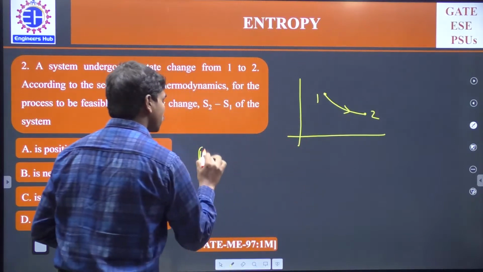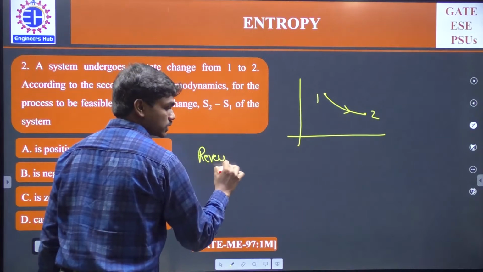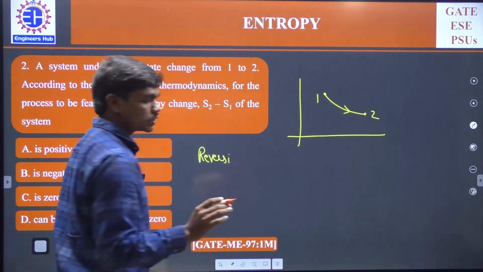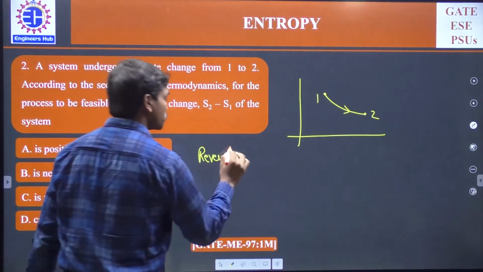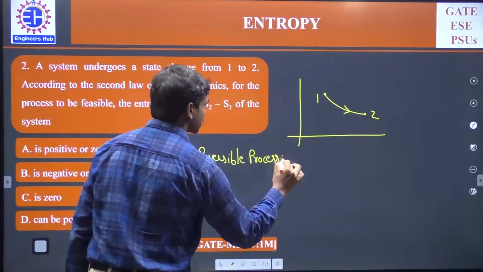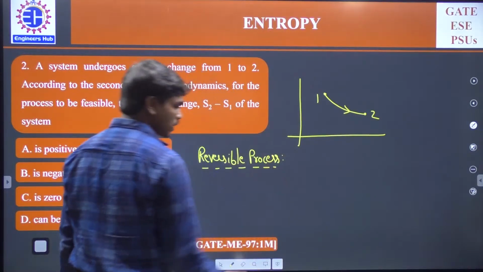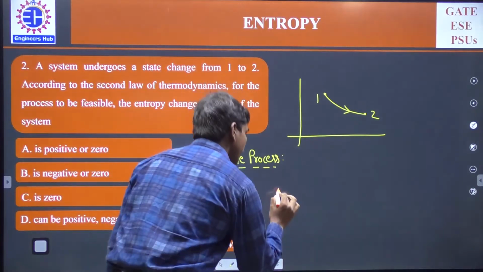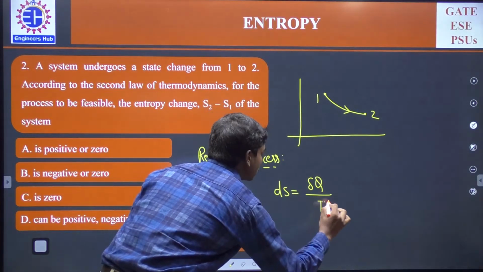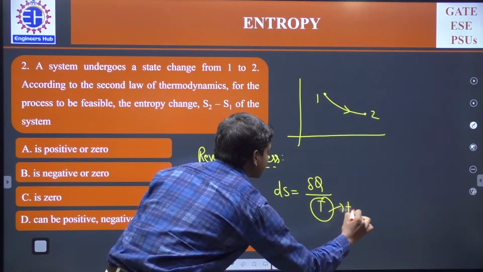See, let us suppose your system is undergoing a reversible process. Option A, positive or 0. Actually, along with positive or 0, it can be negative as well. See, I will show you. Now, if the system is undergoing a reversible process, we have dS is equal to del Q by T. And this denominator is always positive.